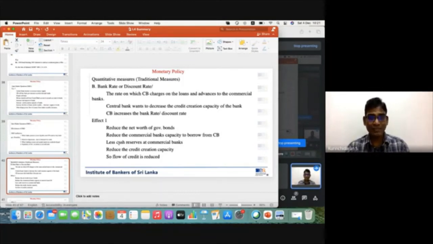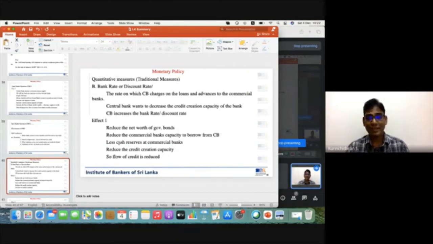Earlier, they could give 100 rupees worth of treasury bills and borrow 100 rupees. But now when the bank rate increases, the government securities' market value will go down, so they can borrow only a little compared to earlier. If they can borrow only a little, they will have only a little reserve, and then they cannot create credit as usual.